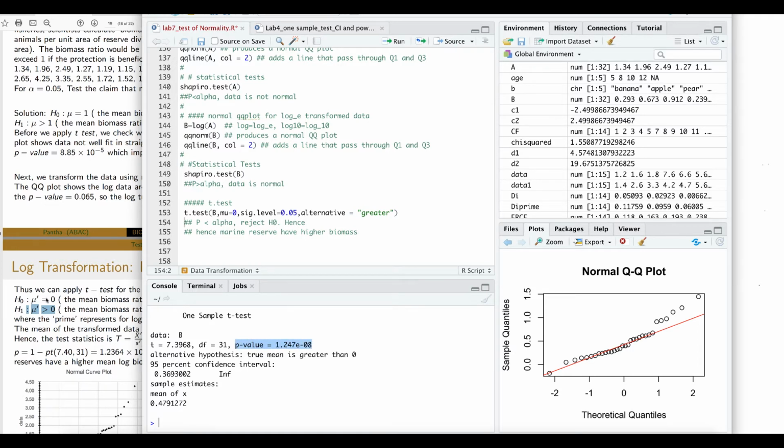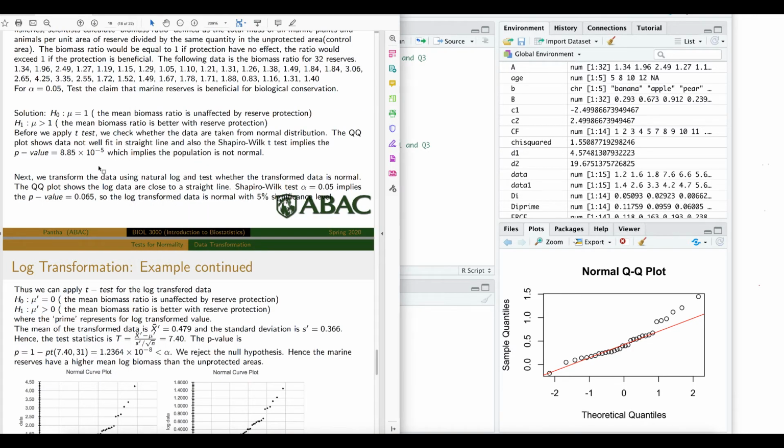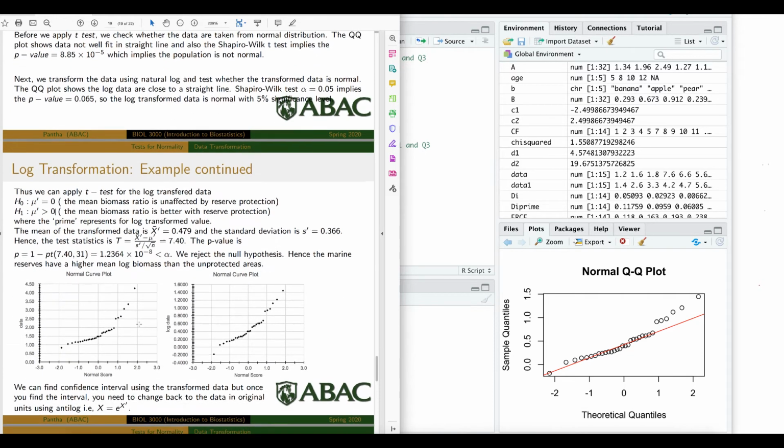This is for the hypothesis test. For normality, we already got a p-value greater than alpha, so we say the data is normal and we can use the t-test. Before using the t-test, we wanted to test the normality, and the transformed data follow the normality condition, so we do not violate it. So we are using the t-test for the transformed data. That is the idea, okay?